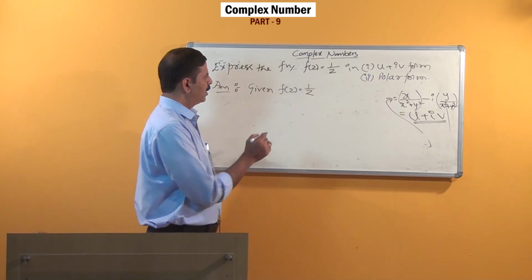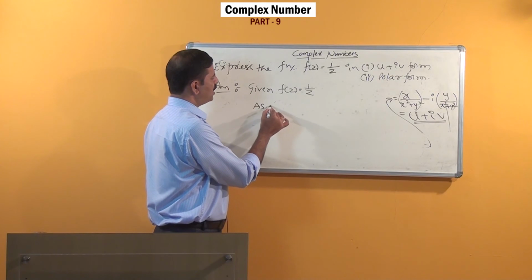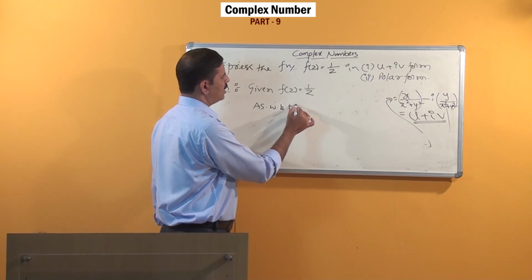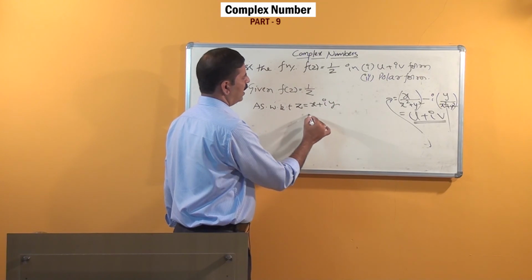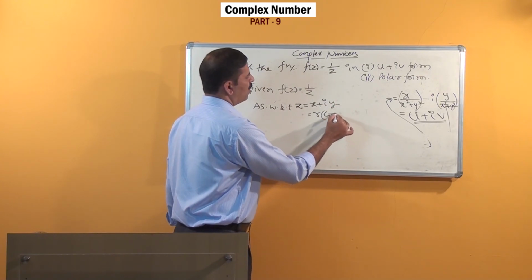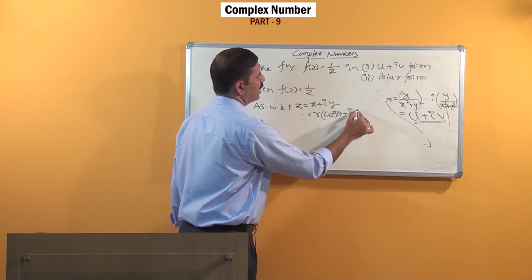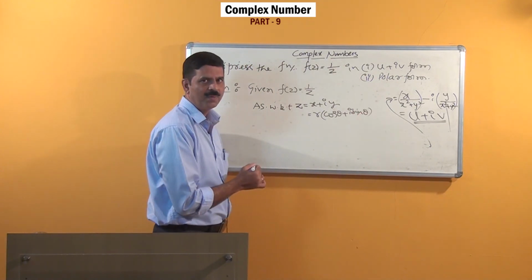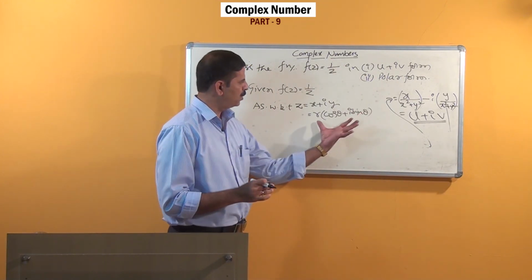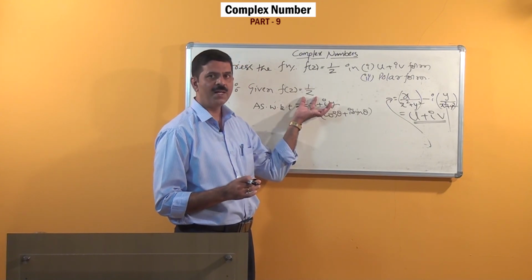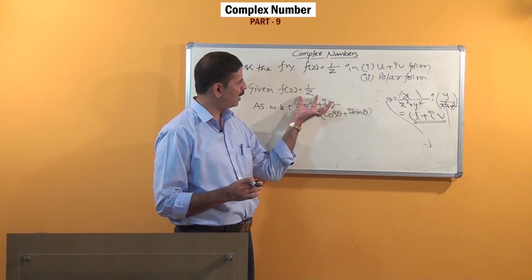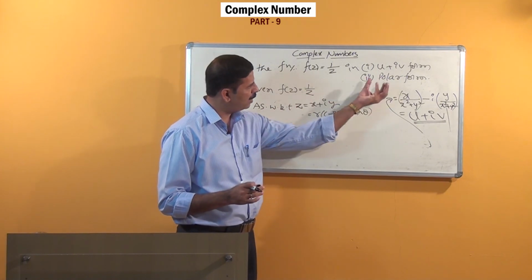As we know from the last class, z is equal to x plus iy, and this is r into cos theta plus i sin theta, which is in polar form. Now, you just substitute this value here and simplify, we will get it in the polar form.